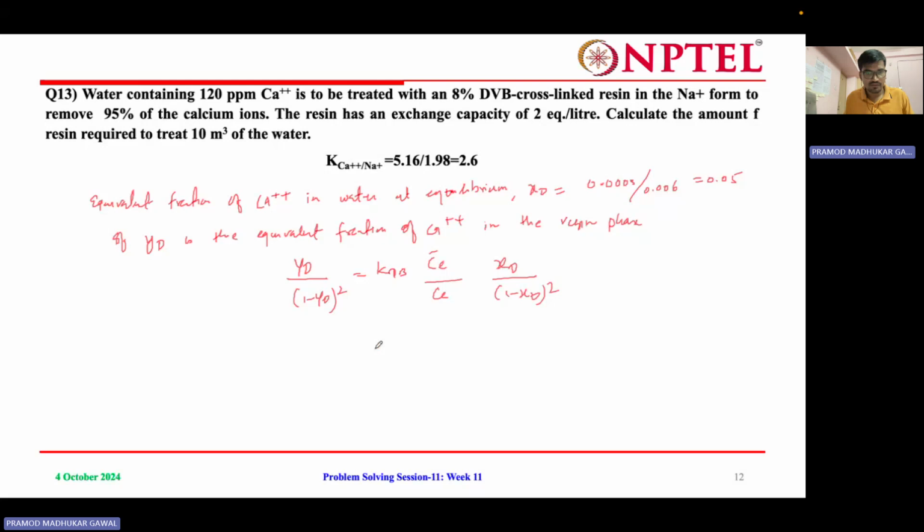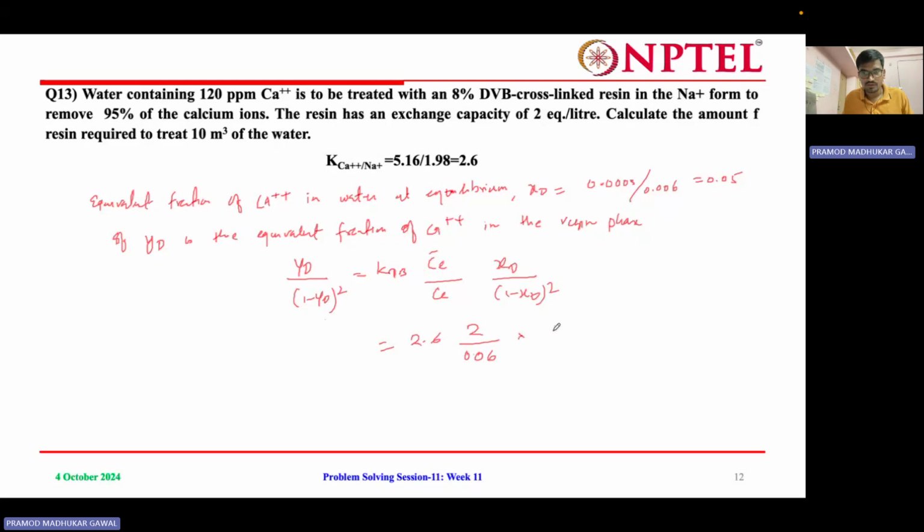So here you have to calculate YD. K is given, the selectivity coefficient, 2.6, CE is equal to 2, C is 0.06, right?